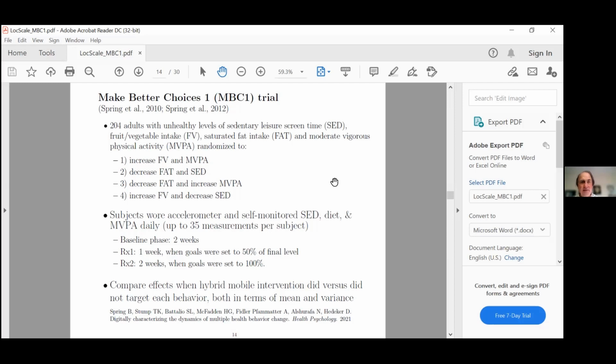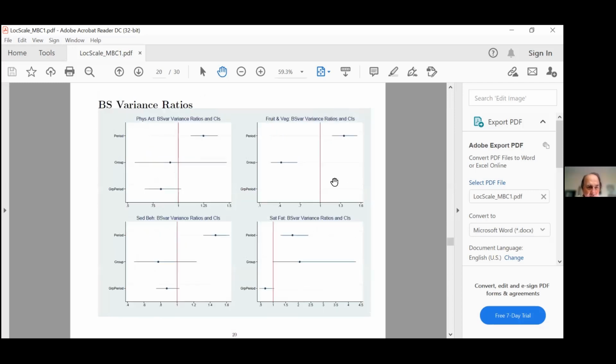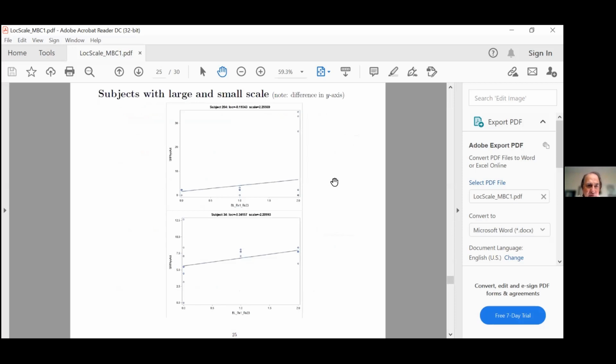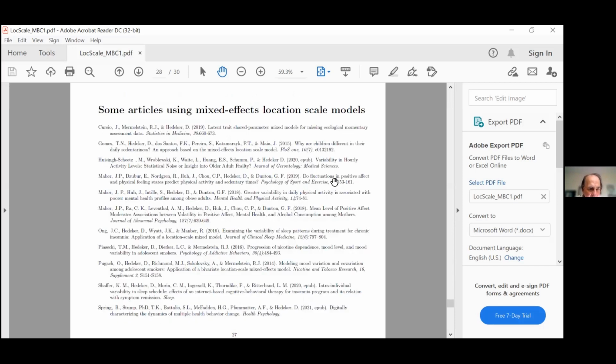But if you're interested in that, I had a student, Pugash, where she did a bivariate model. It was more in the nicotine tobacco world. She did a bivariate model where she's modeling the association in the variance as a function of covariance. So why is it that for some subjects they're very correlated and for other subjects they're not?